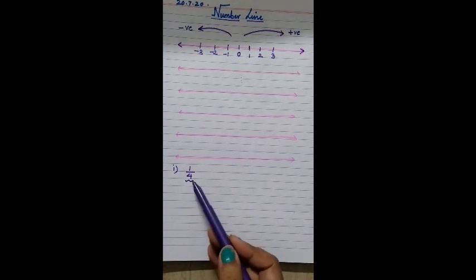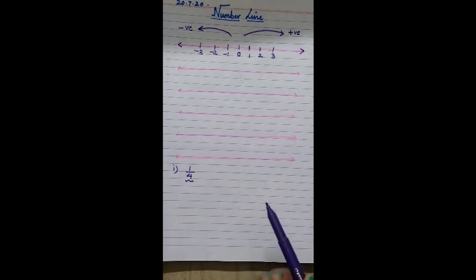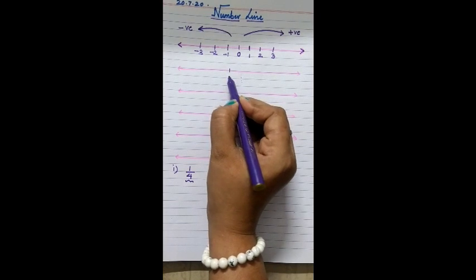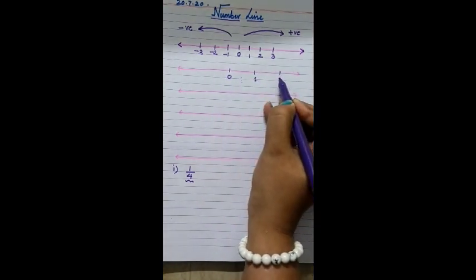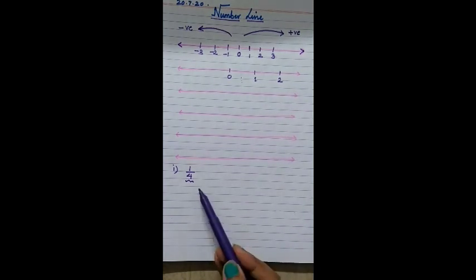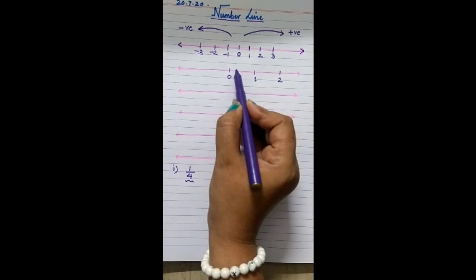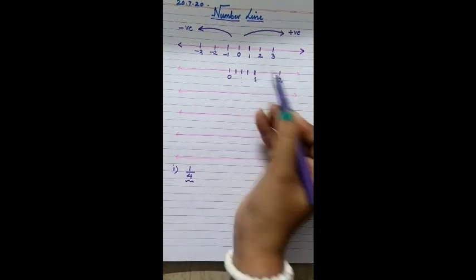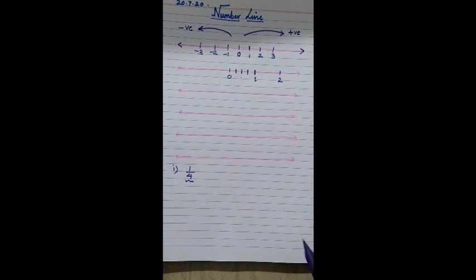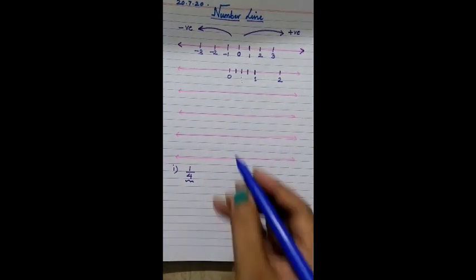So 1 by 4 over here will lie somewhere between 0 and 1, and according to the question, we are going to divide it into 4 equal parts. If I divide 0 and 1 into 4 equal parts, 1, 2, 3 and 4. Okay. So now the first part is your 1 upon 4.